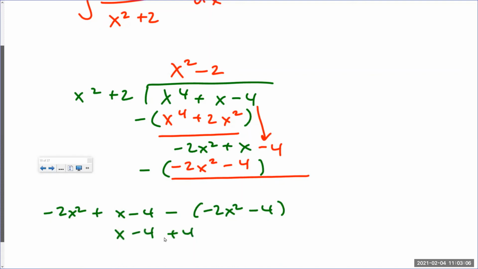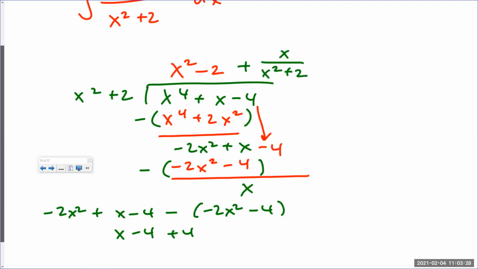Is that right, guys? I'm getting x minus 4 plus 4. So I'm getting x. Did you guys get x? Okay, can I stop here? Is this power lower than x squared? Yes. Okay, so what does this become? You add whatever your final remainder is. Your final remainder is x over x squared plus 2.